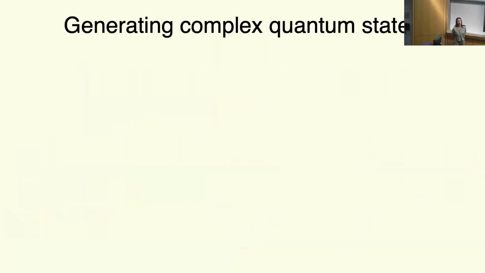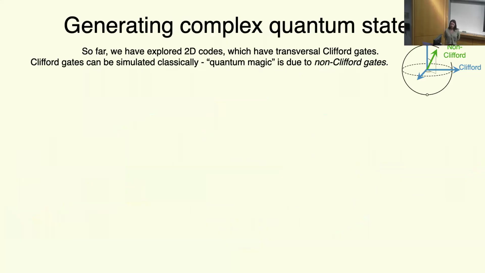Suppose that we want to generate a really complex quantum state. So far we've explored two-dimensional codes, which have transversal Clifford gates, if you remember. But Clifford gates, you can actually prove that they can be simulated classically. All of the complexity of quantum computation is due to non-Clifford so-called magic states.